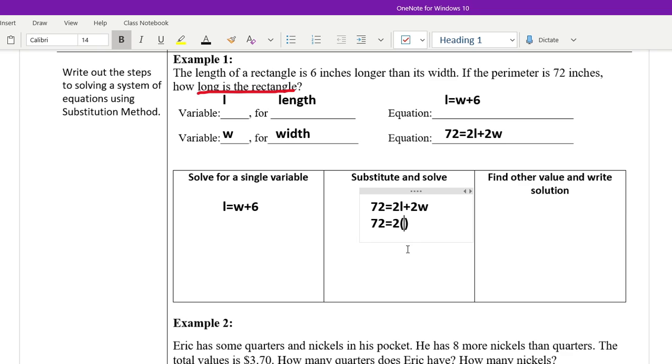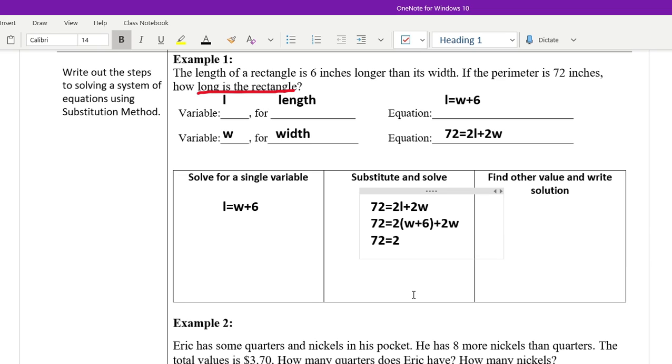The length is multiplied by 2, so we need to show parentheses to indicate that we are multiplying by 2. And we're still adding our 2w. Now that we substitute in our value, we only have one type of variable in the whole equation. So we can start to simplify, first by distributing.